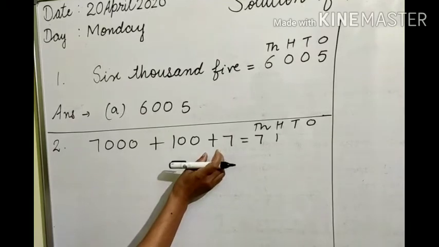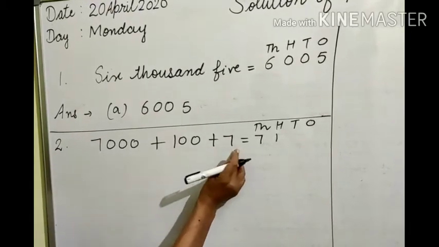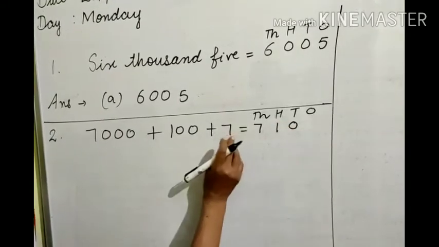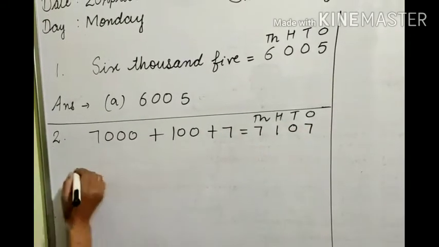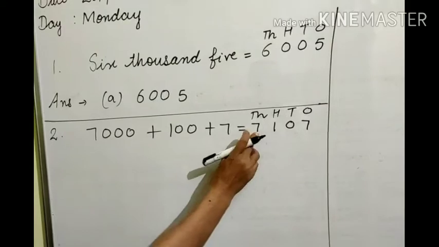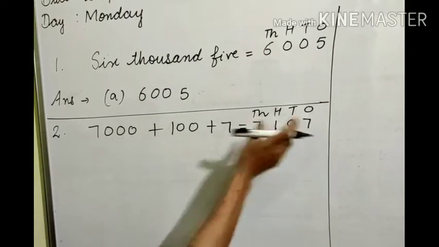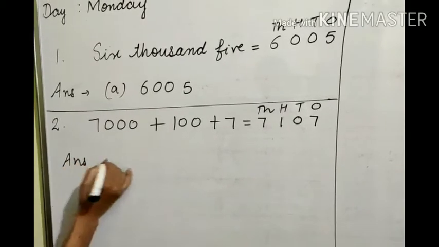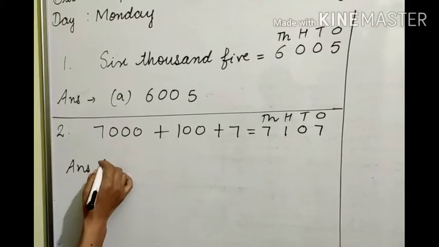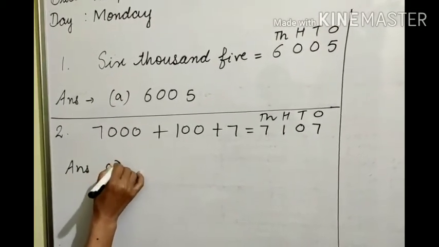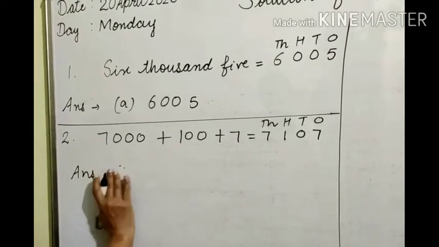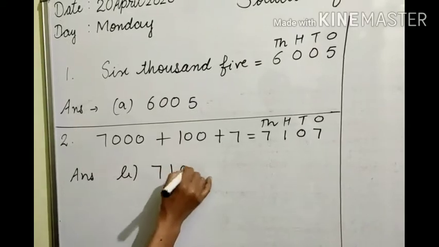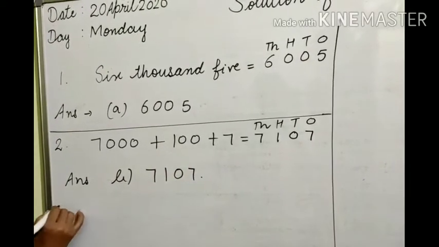No tens are given, so 0 tens, and 7 ones. So our answer is 7107. Now we will match the options. Which answer matches our answer, that we will write. Our answer is B, 7107.